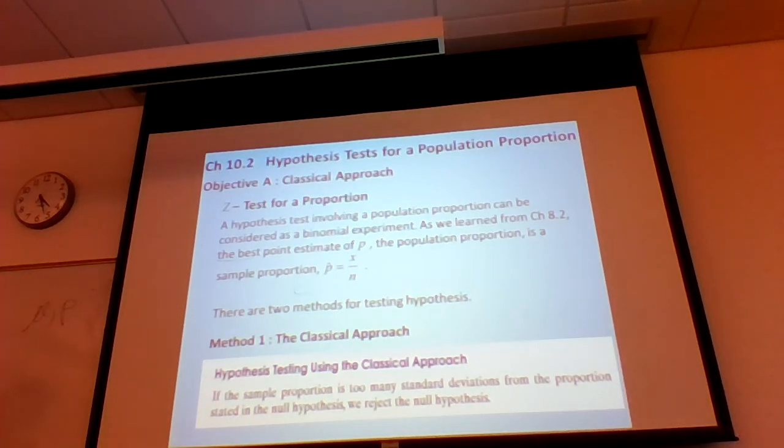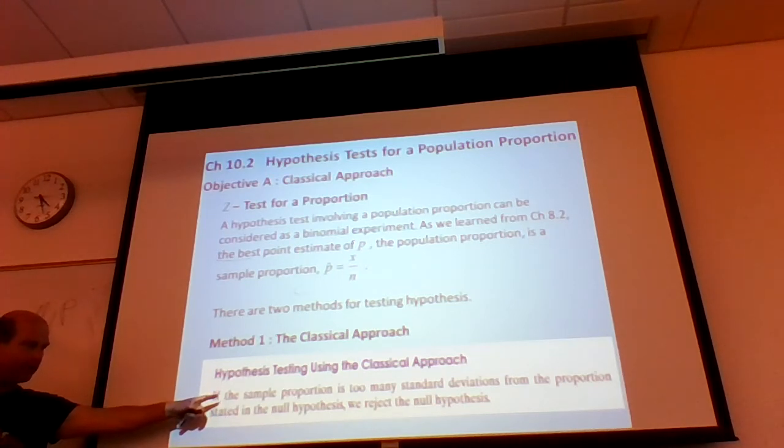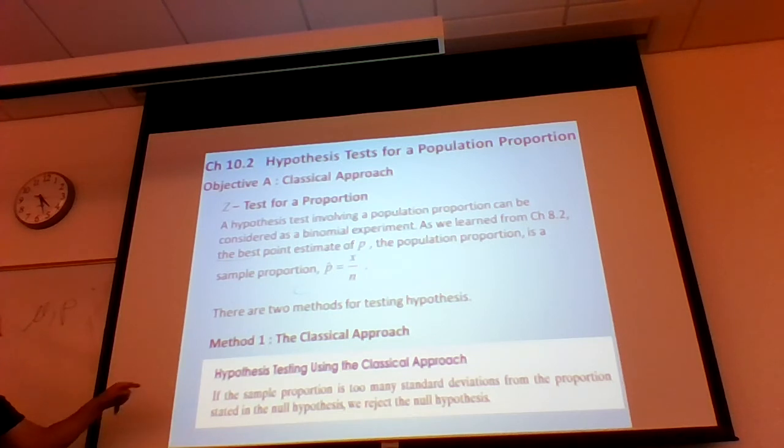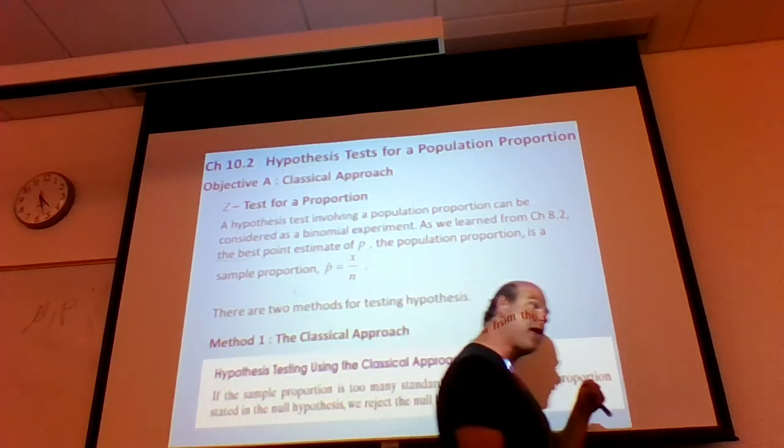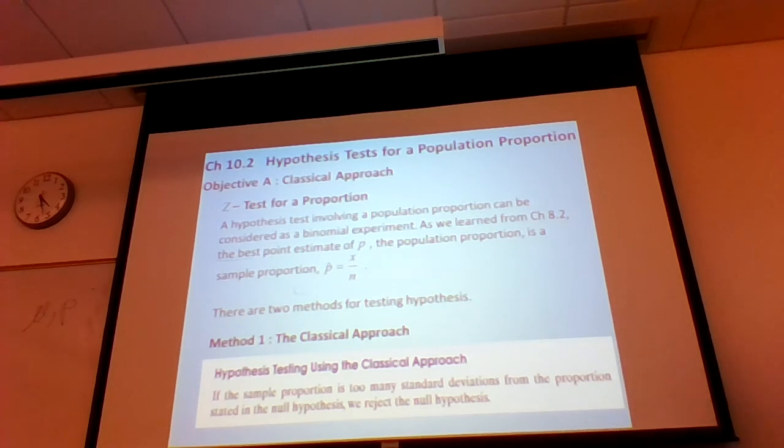Now, if the sample proportion is too many standard deviations away, in other words, if the sample produces a z-value that's larger than the z-value stated by the null hypothesis, then we reject the null hypothesis. In other words, if your z-value is either more negative or more positive than the hypothesized z-value, then you reject the null hypothesis.